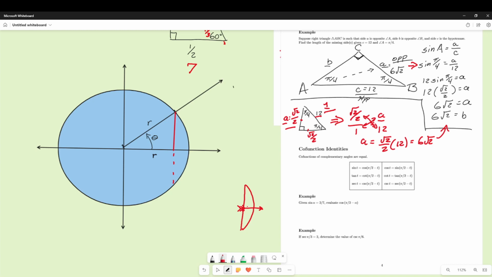And if you look at the history of mathematics, the first time that this length was really talked about in terms of a function comes from India, and then moved from India to the Middle East, and from the Middle East up into Europe.